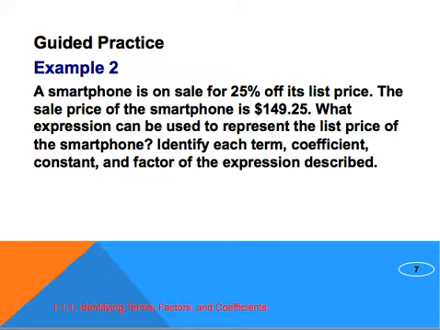The sale price of the smartphone is $149.25. What expression can be used to represent the list price of the smartphone? Identify each term, coefficient, constant, and factor of the expression described.